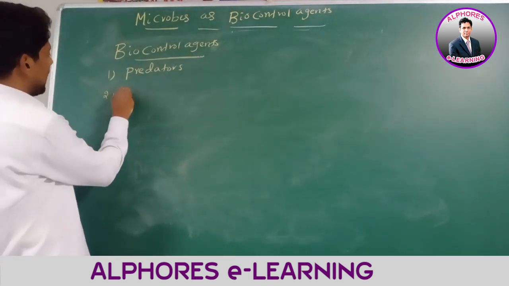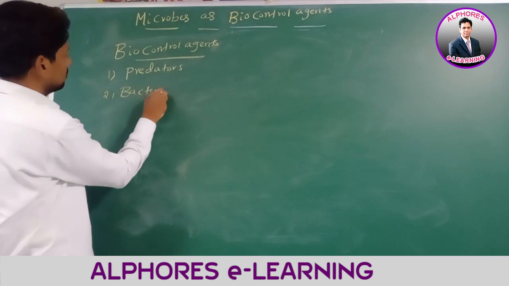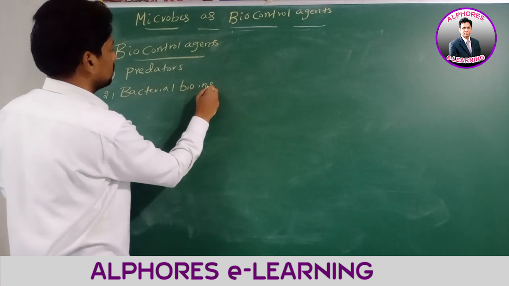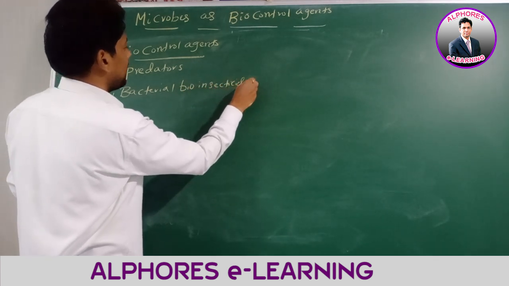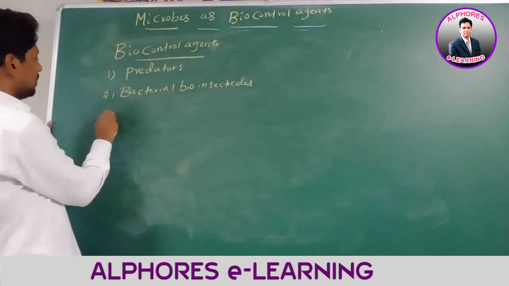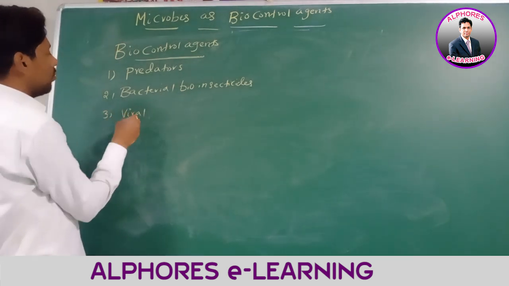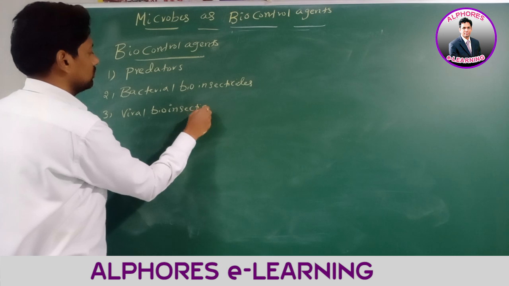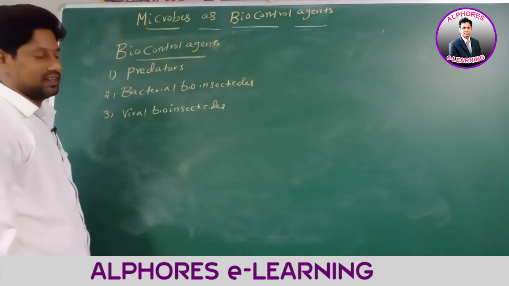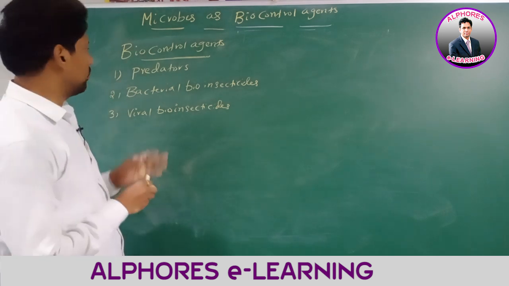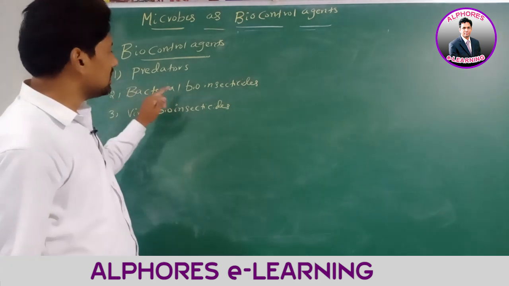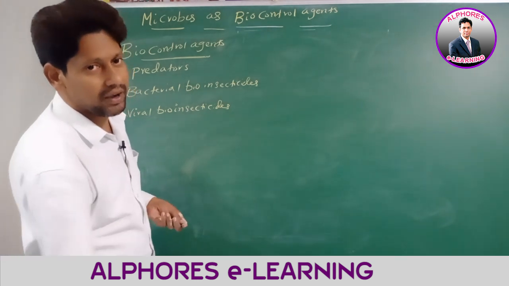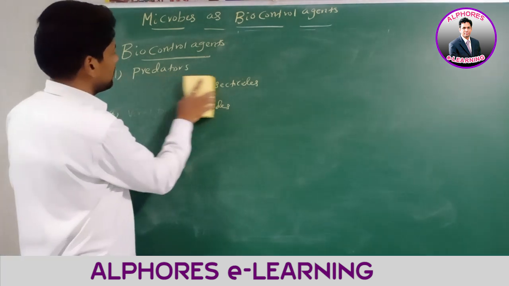Second, bacterial bioinsecticides. Number three, viral bioinsecticides. Therefore, in biocontrol agents, we are going to discuss predators, bacterial bioinsecticides, and viral bioinsecticides. Go for the first one, predators.